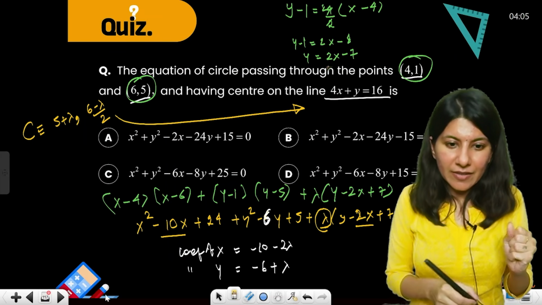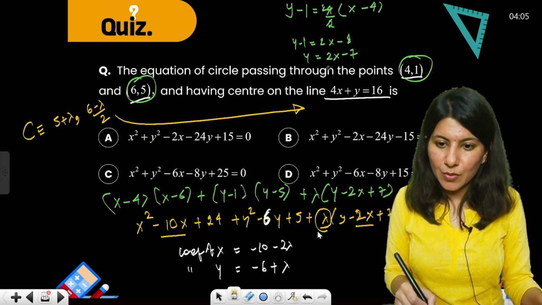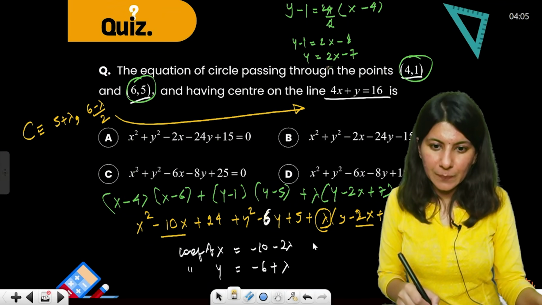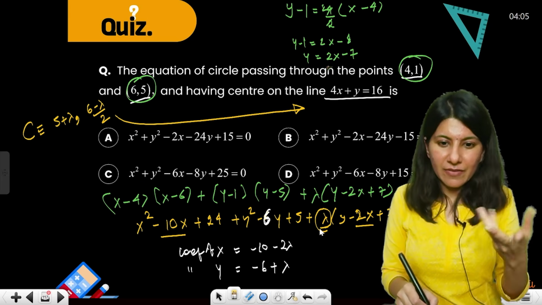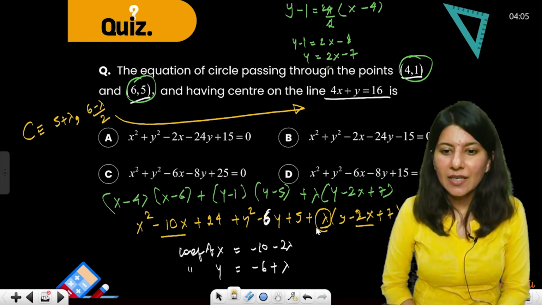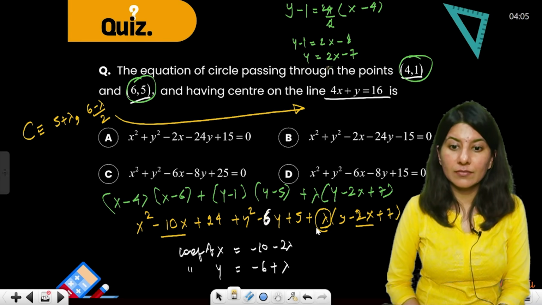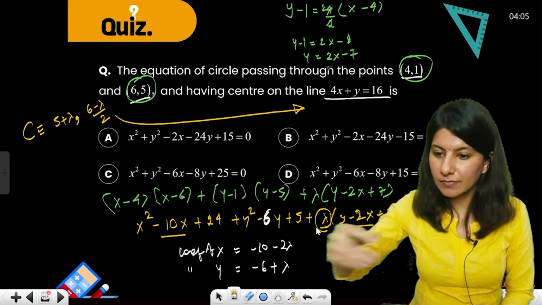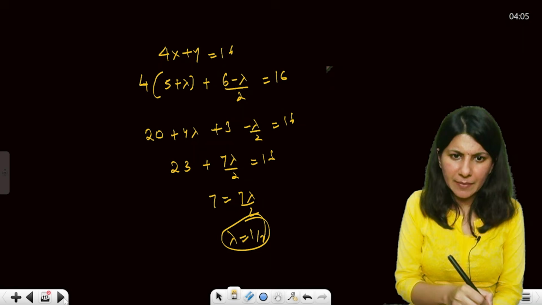So lambda, if it is half, right? So you will get lambda is half, na? So just give one coefficient. So lambda is half. The coefficient of x will be -10 -1. Lambda is half, kya?